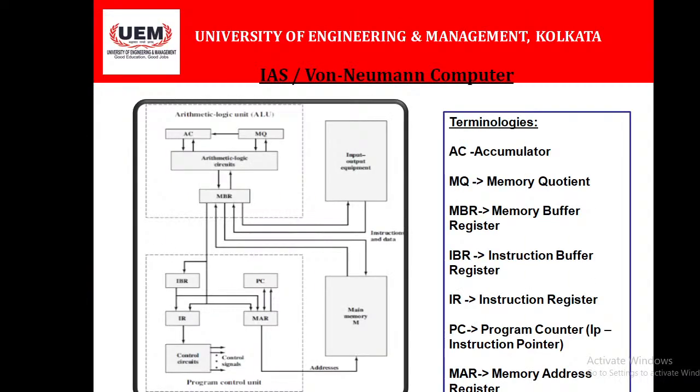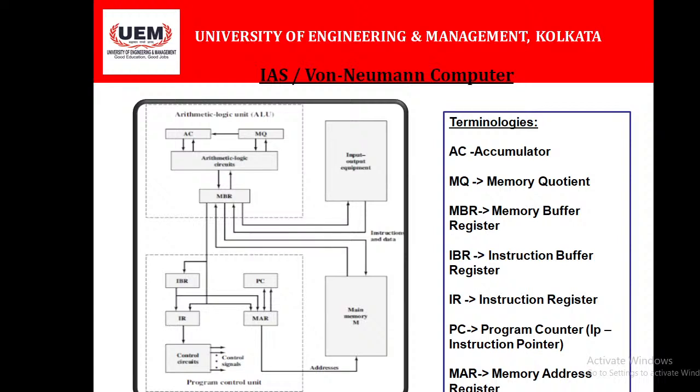Now you can see here the arithmetic logic unit, ALU, and the second one is the program control unit. That is the control unit part, and this is the main memory, and this is the input output device. The lines show how data flows from one unit to another unit.